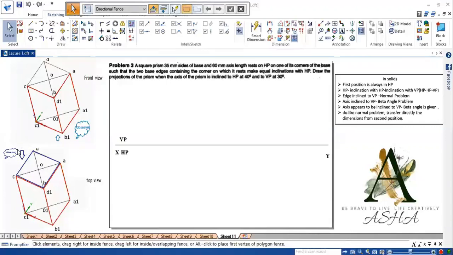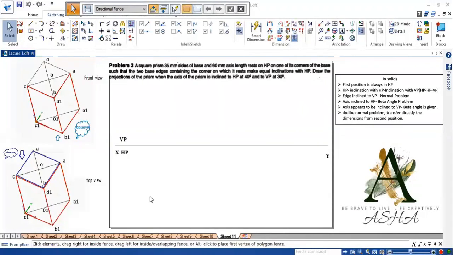When viewed from the top, whichever is drawn in blue line is visible. That top surface, that is ABCD, is visible, whereas A1, B1, C1, D1 are hidden. The center of the top surface, O, is visible, whereas O1 is hidden.